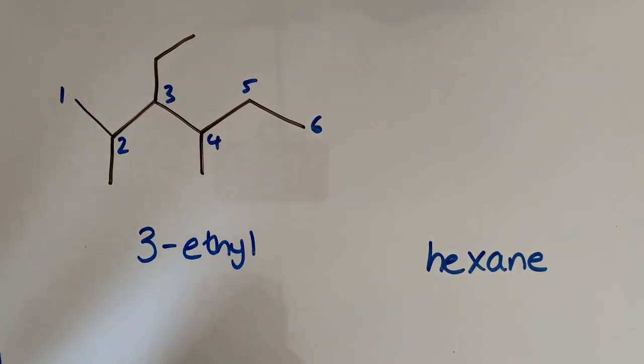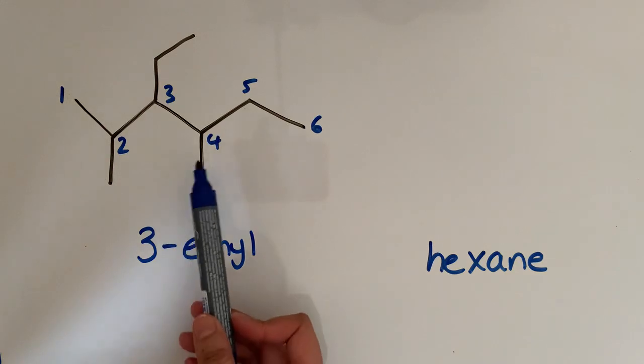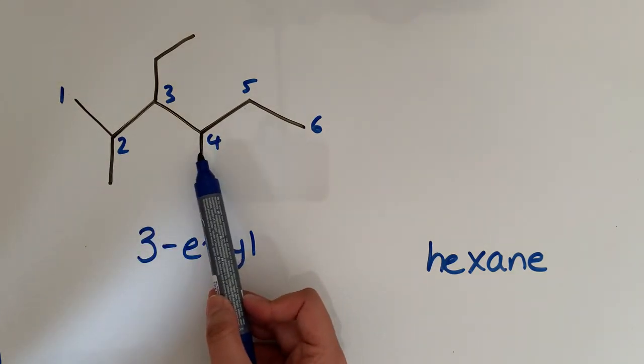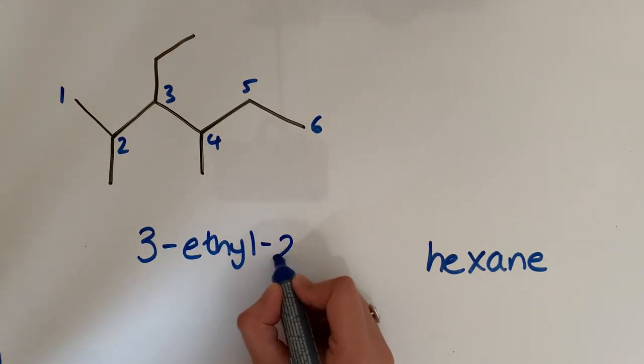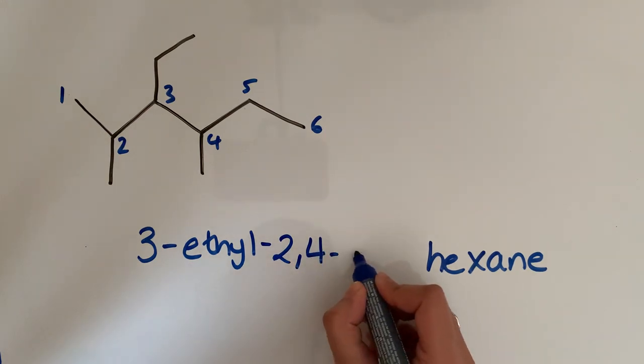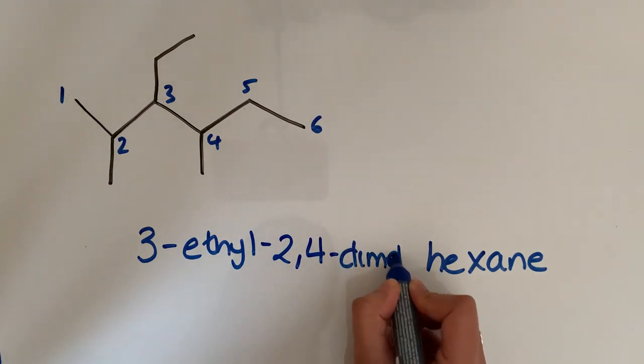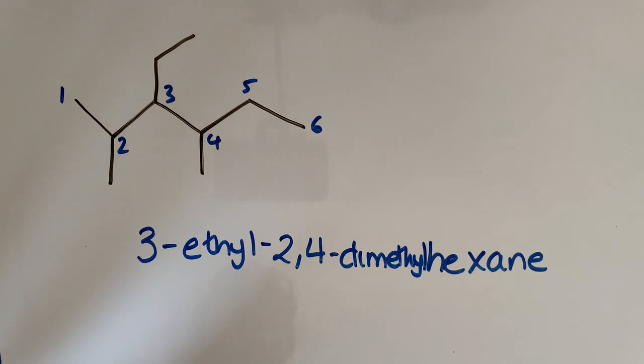Methyl is next. We've got 2 methyl groups, so it's coming off of 2 and 4. So this is now going to be 2, 4 dimethyl hexane. So the name for this is 3 ethyl, 2, 4 dimethyl hexane.